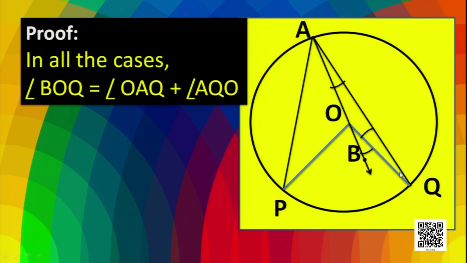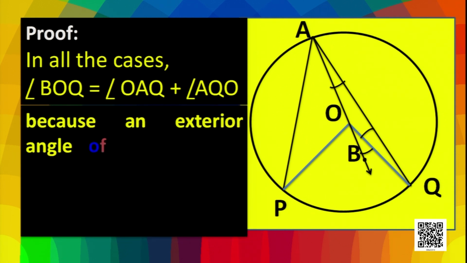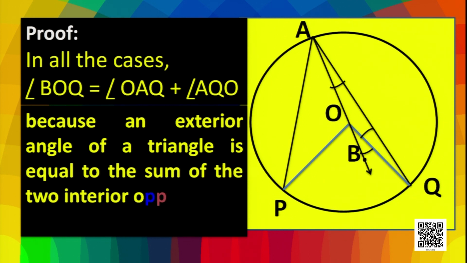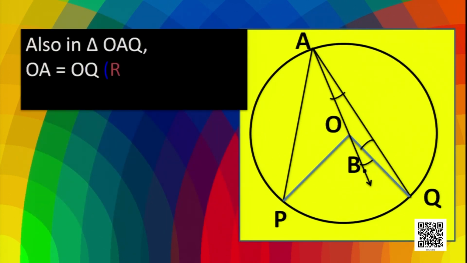So angle BOQ is equal to angle OAQ plus angle AQO. The condition is due to this, that an exterior angle of a triangle is equal to the sum of the two interior opposite angles. Now you see, in triangle OAQ, we have OA and OQ equal.